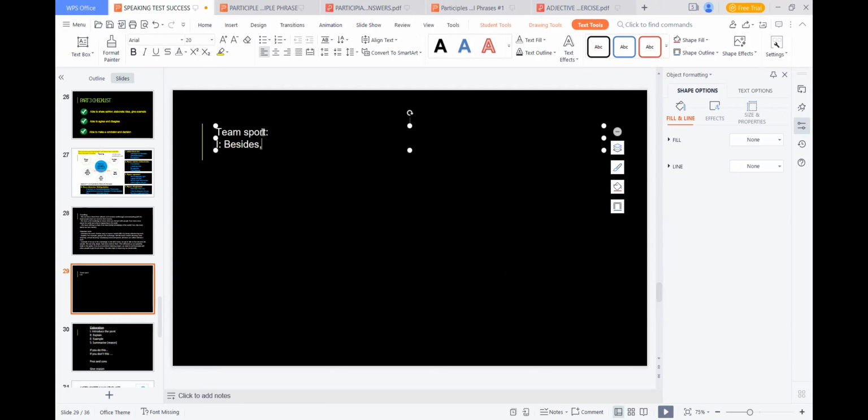Team sport is another way to help the teenager to improve social skill. Okay, now give explanation, explain. Can we explain?